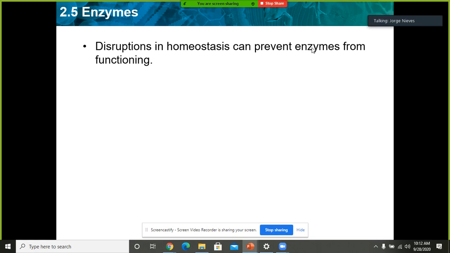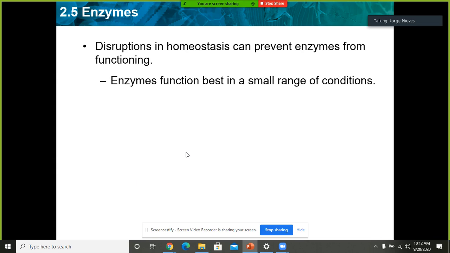So, it's obvious that enzymes need a certain temperature. Okay, so enzymes function best in a small range of conditions. Okay, so when an enzyme is under bad conditions, the enzyme is not going to work like it's supposed to work.